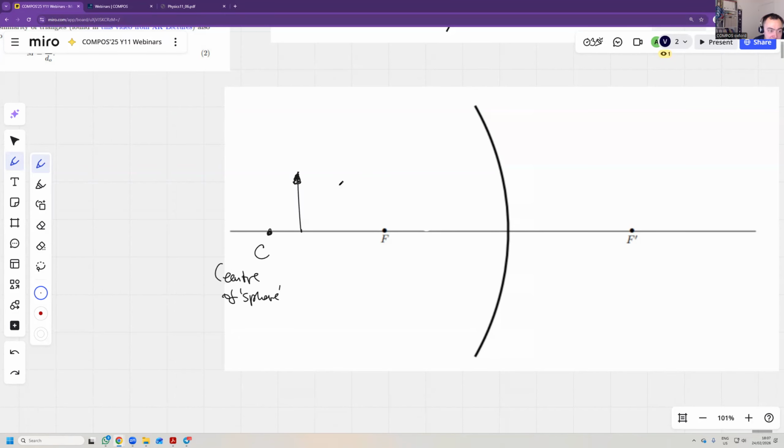And there are interesting points. That's a bit too far, so let's make the object somewhere here.